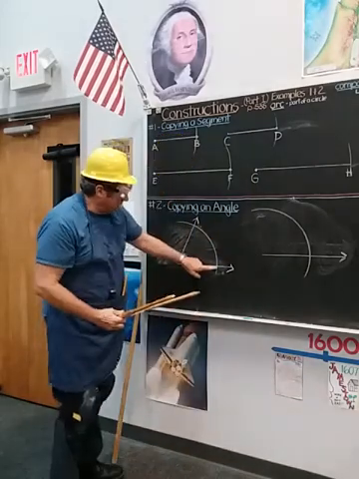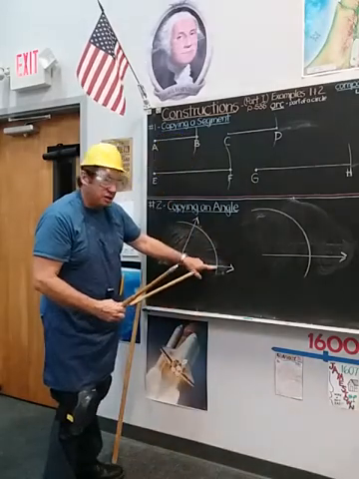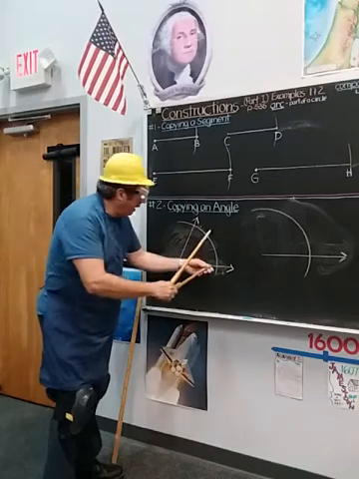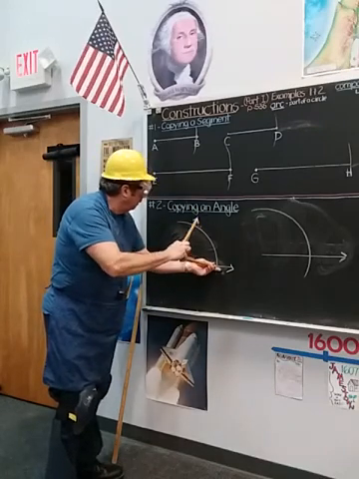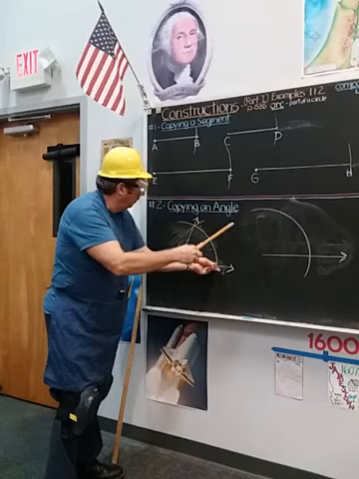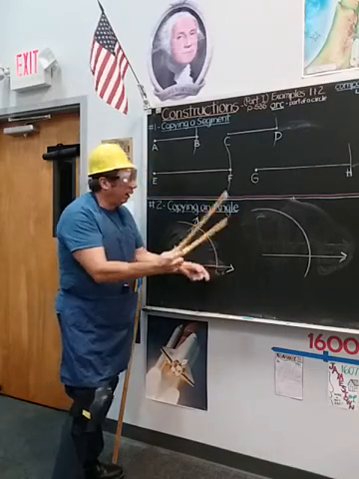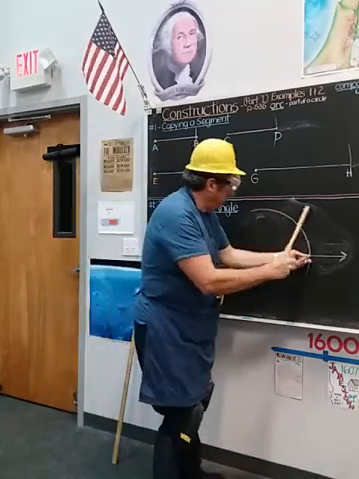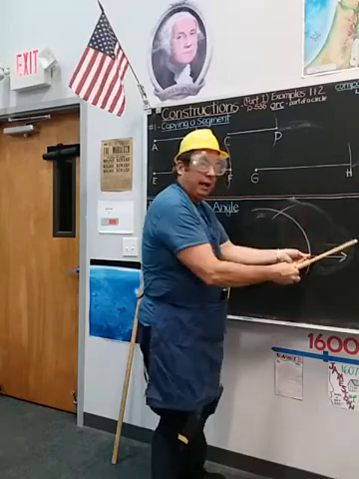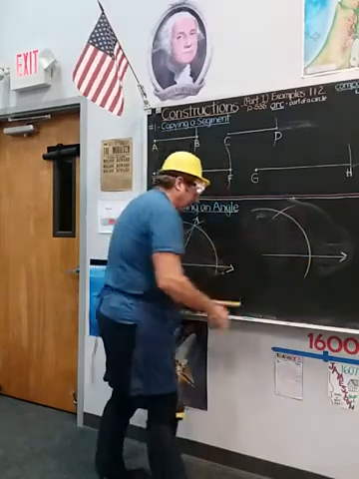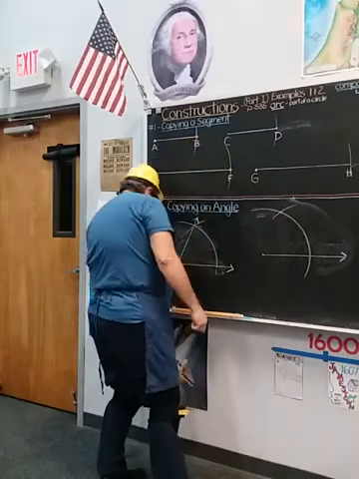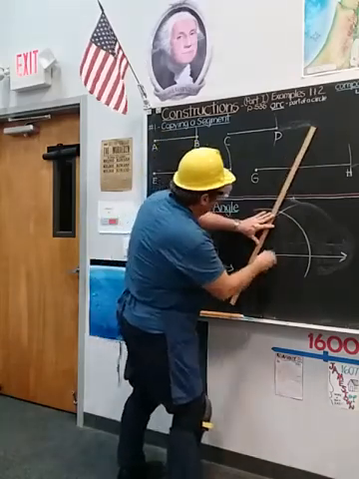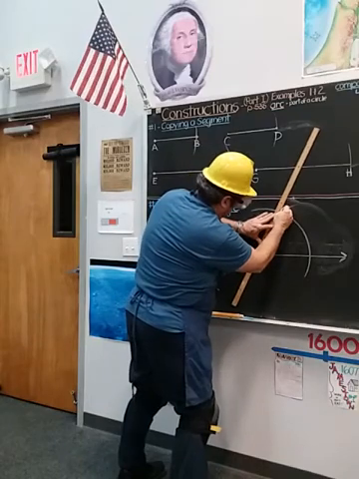Now I'm going to measure the distance between where this intersects this ray and where the arc intersects that ray. I can open or close, I draw an arc like that. Now I know when I come over here without opening or closing, when I draw that, I now have an intersecting point that I can use to connect the end point with that. And let's see if I can do this just a little more accurately.